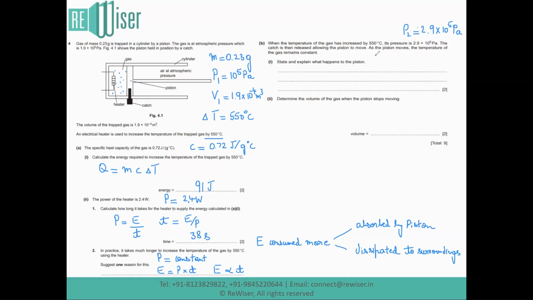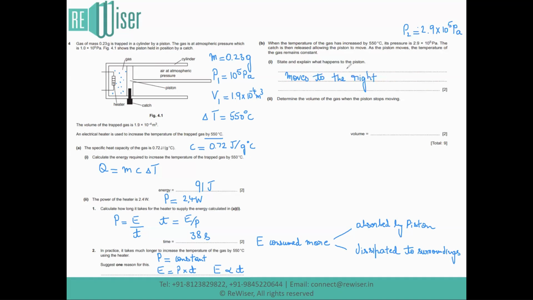So we understand that as the piston is allowed to move, the pressure increases. And since the pressure increases, the piston, which is now free to move, moves to the right.